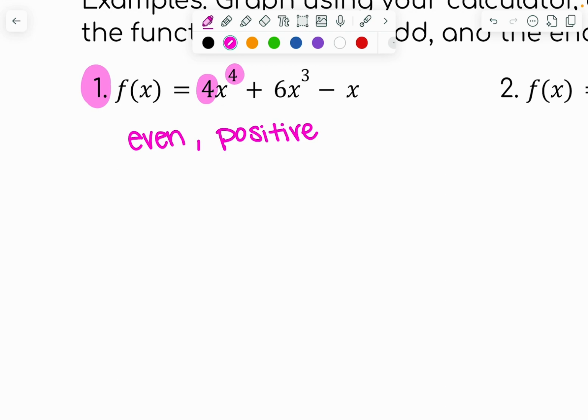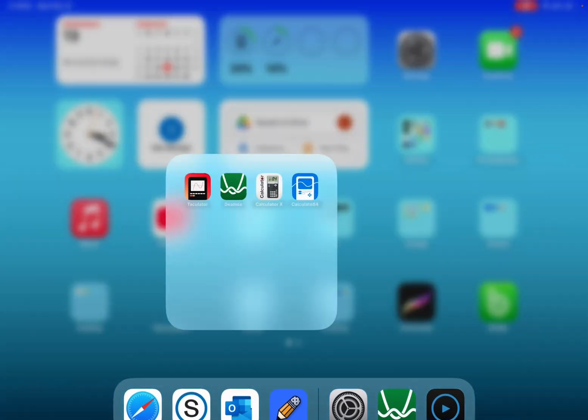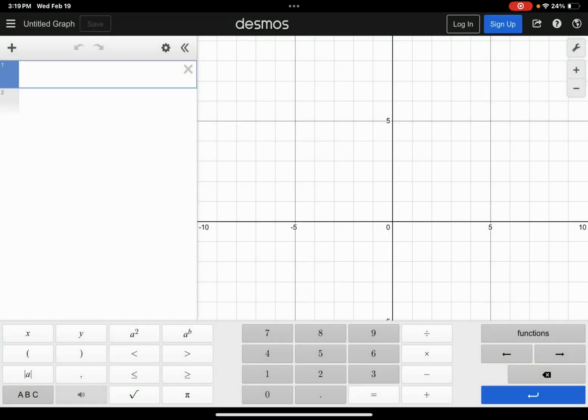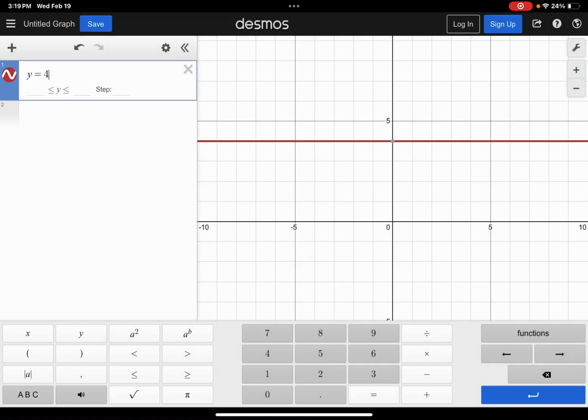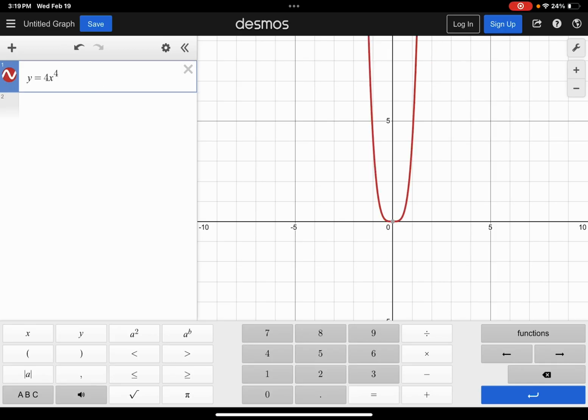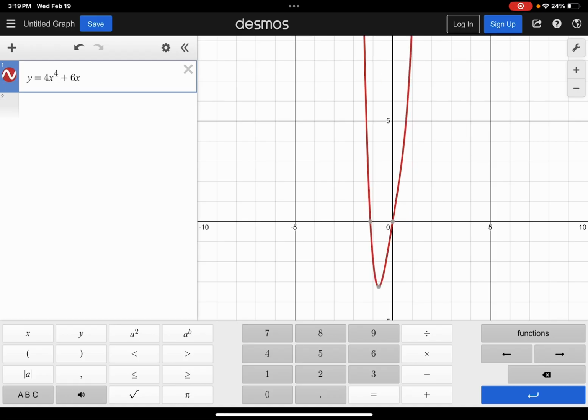So let's look at what the graph of this is going to look like. So y equals 4x to the 4th plus 6x cubed minus x.